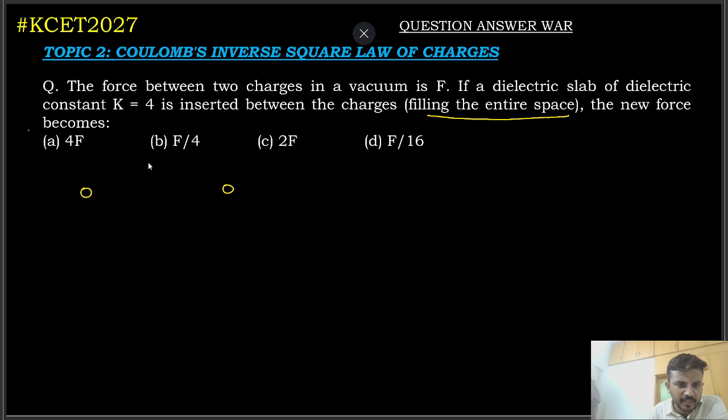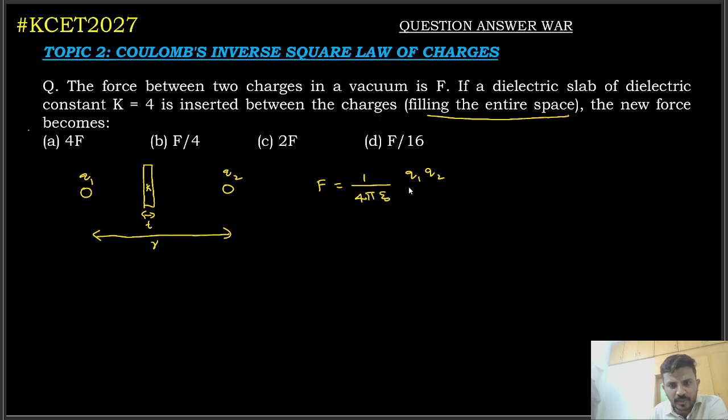If in case a dielectric slab of thickness T is introduced here, and the total distance between these two is R, this is Q1, this is Q2, and the slab has the dielectric constant K, then the force between the two charges is given by F is equal to 1 over 4 pi epsilon naught Q1 Q2 divided by R minus T plus T root K whole square. So this will be the force between these two.